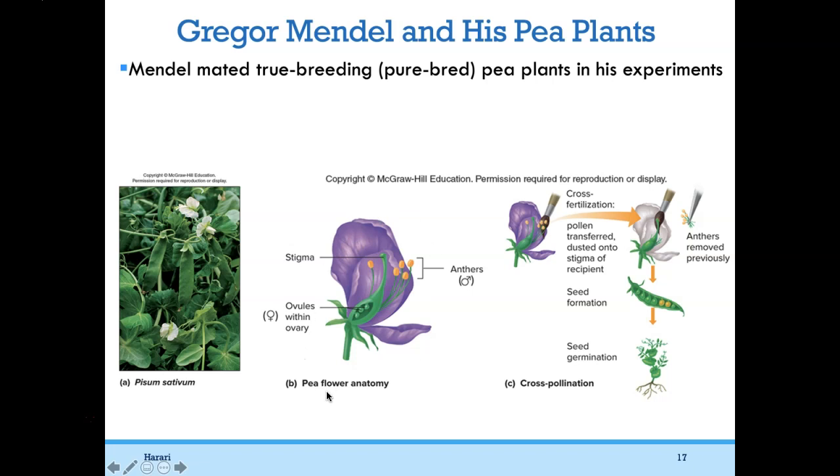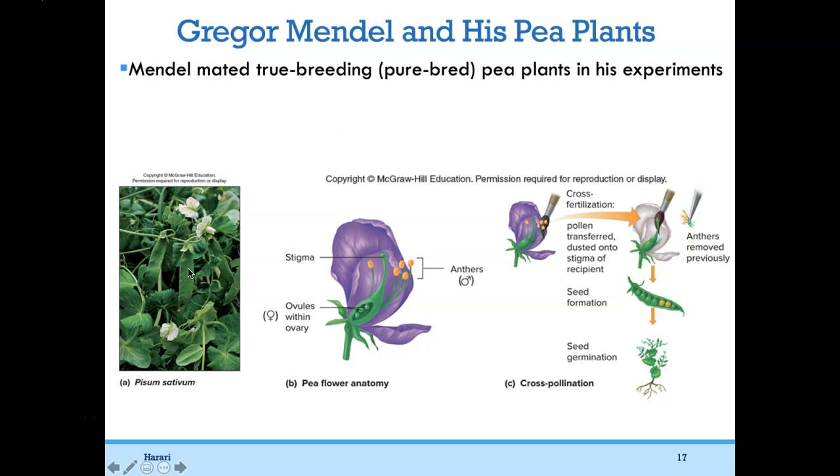The flower has both female parts, it has ovules, which are like the eggs, and it has a male part that has anthers that have pollen, which is the equivalent of sperm. So that's important to know. Ovules are like eggs. The pollen from anthers are like sperm. So flowers have male and female parts.